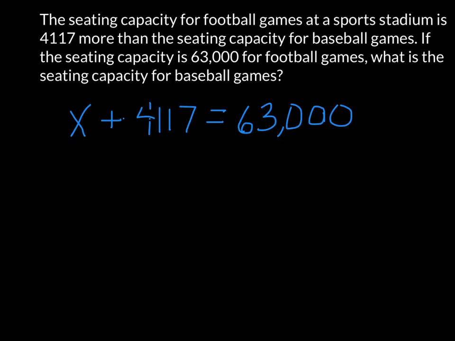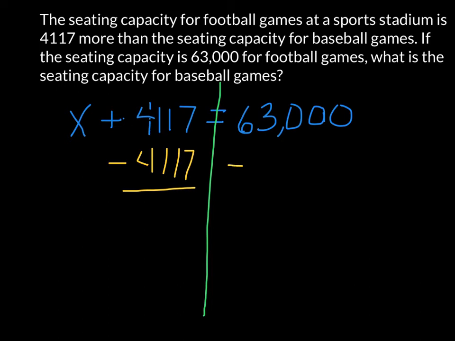I always like to draw a line down through my equal sign so I know whatever I do to this part over here, I must do to this side over here in order to keep it balanced. So now we're going to subtract 4,117 from this side, and then we subtract 4,117 from this side as well.